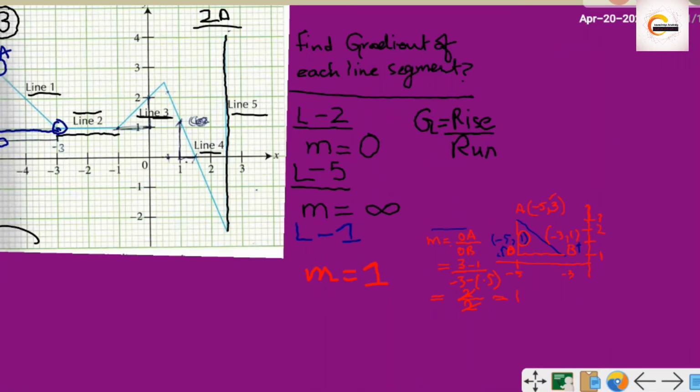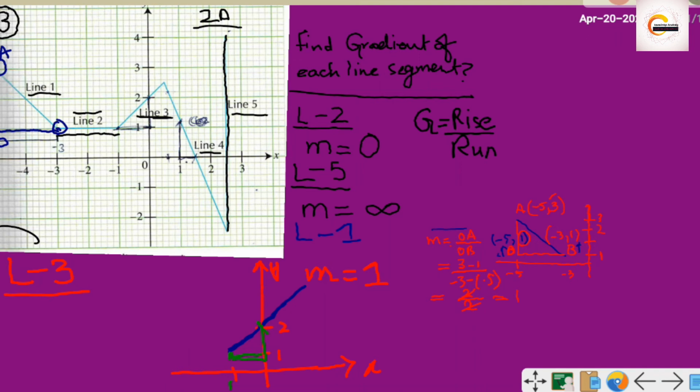Now line number 3. I'm going to draw it again, roughly on the right side, so that it will be easy for you to understand. We can see that this line is intercepting the y-axis. So the two easiest points are one, the point being cut at the y-axis, and the other point is the starting point.